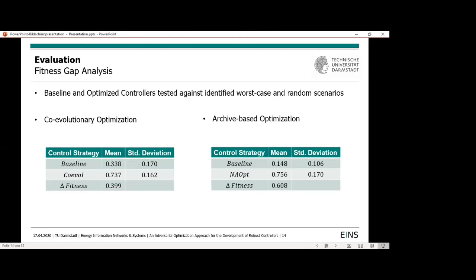On the other hand, we have the fitness gap for the archive-based optimization, and this was the main analysis we did. We did not have a specific test case, a test set. We said, okay, we look at the fitness gaps, which indicate the robustness of the optimized controllers with respect to the baseline. This was our approach.